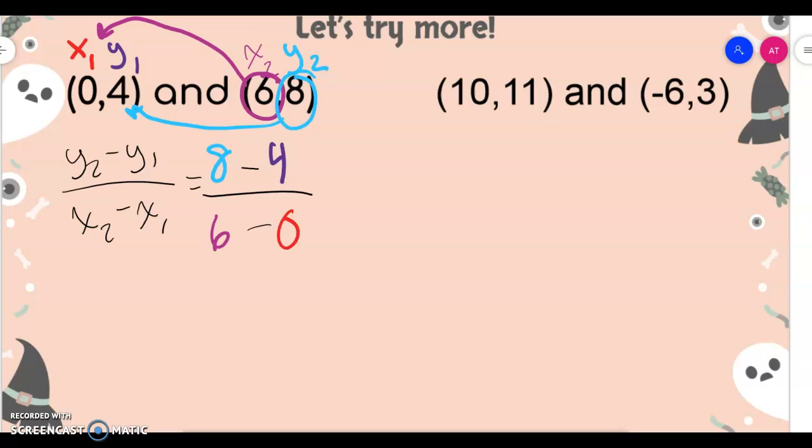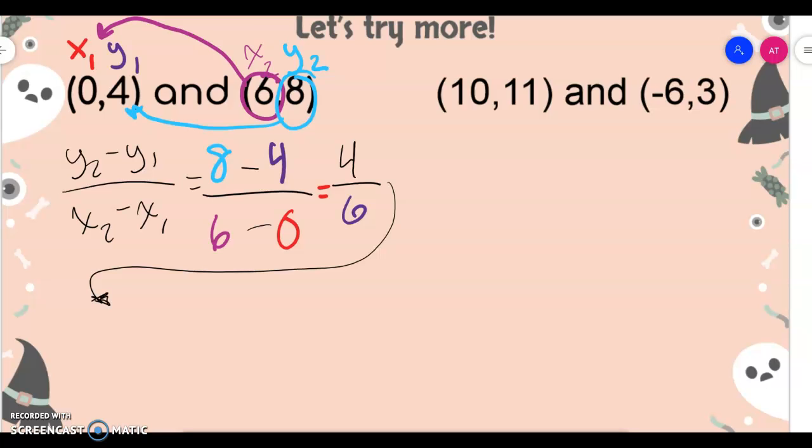So what's 8 minus 4? That's going to be 4. Oops, sorry. It's an ugly little 4. And 6 minus 0 is what? Just 6, right? So this is where it comes in handy.